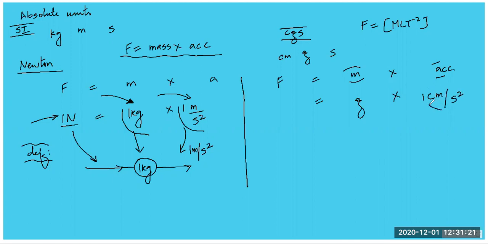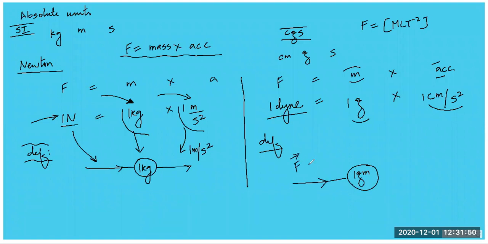If I take acceleration to be unity, 1 centimeter per second square, and if I take mass to be unity, that is 1 gram, the force applied is said to be 1 dyne. So, how do I define dyne? Suppose I'm having 1 gram mass, pushed by some force.